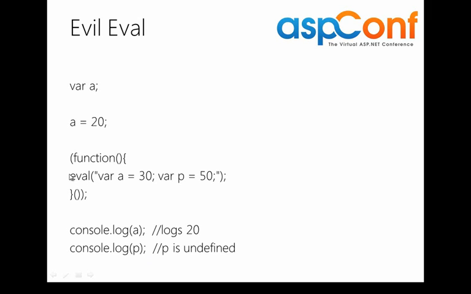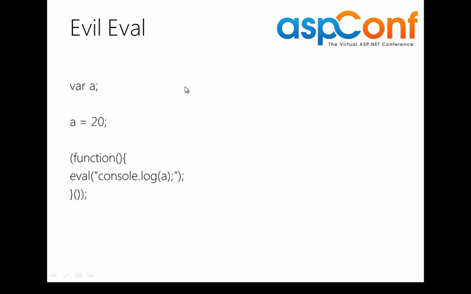The reason for that is that the variables inside of eval are now scoped to this anonymous function and not the outer scope, so it can't mess about with variables in the outer scope. But it still has access to outer scope variables. It can read the values.